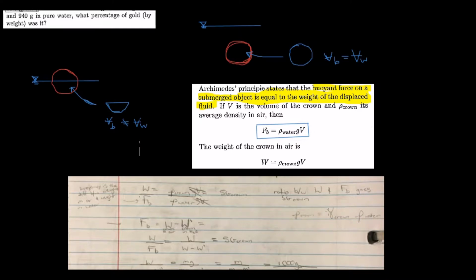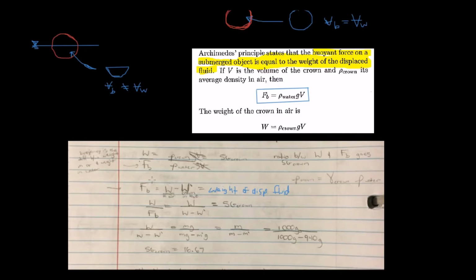And if you recall from earlier videos, the density of the crown would be specific gravity times density of water, so you just rearrange that to find specific gravity.